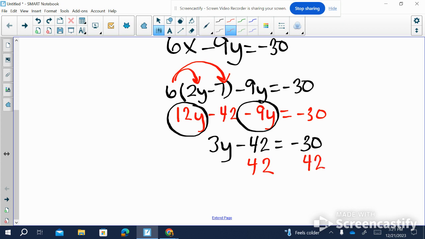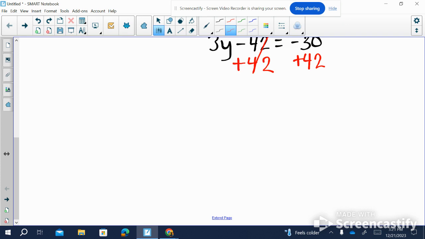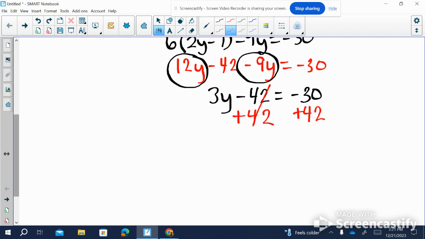But I have to pay attention to what was happening in the step right before I added those 42s there. So I was subtracting 42, so that must mean that I have to add 42 to both sides to cancel it out.